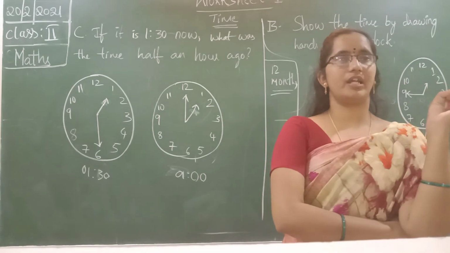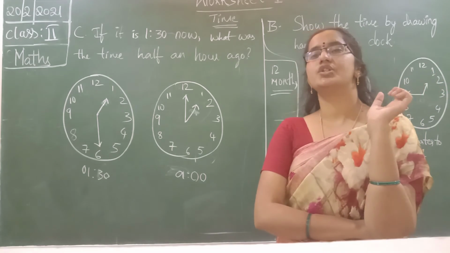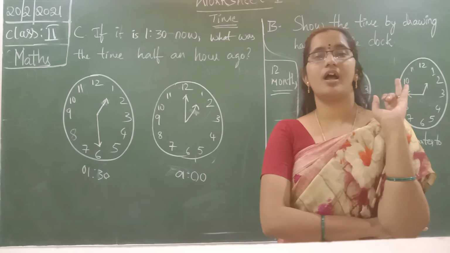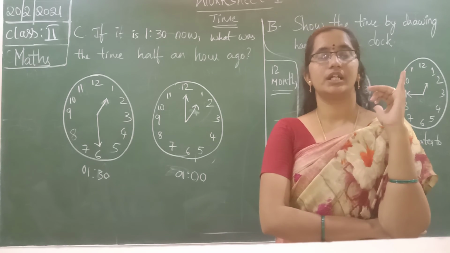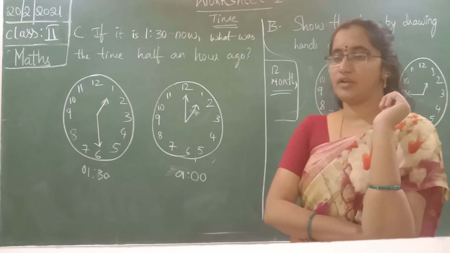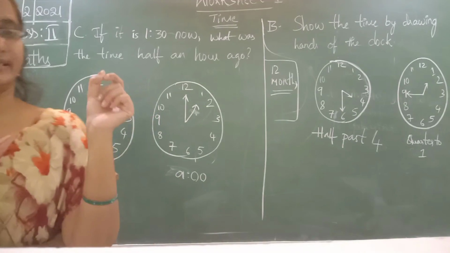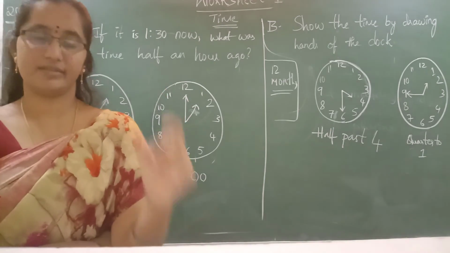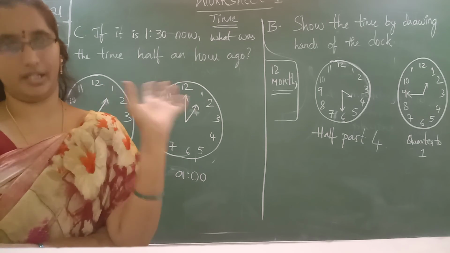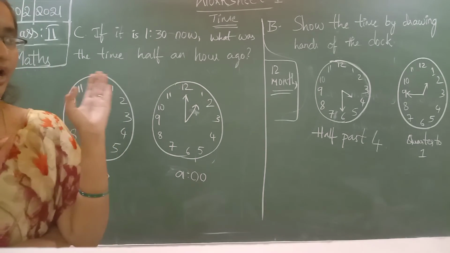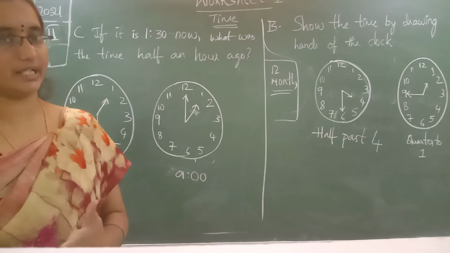January, February, March, April, May, June, July, August, September, October, November, December. In these 12 months, we have 30 days, 31 days and only 28 or 29 days in February. You have learned which months have 31 days and which months have 30 days.